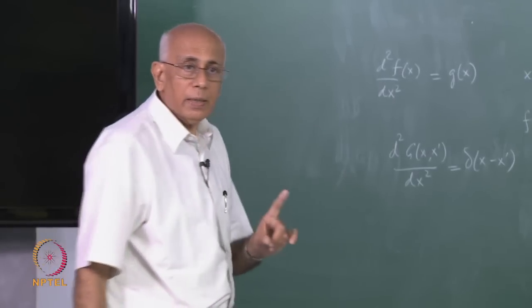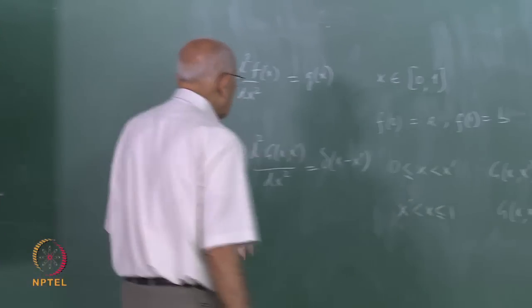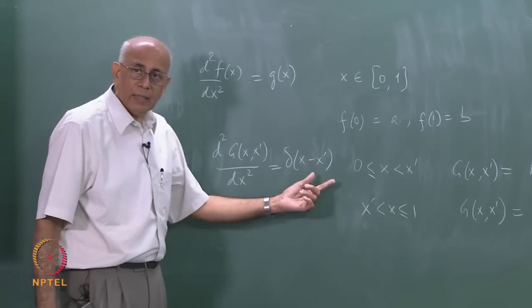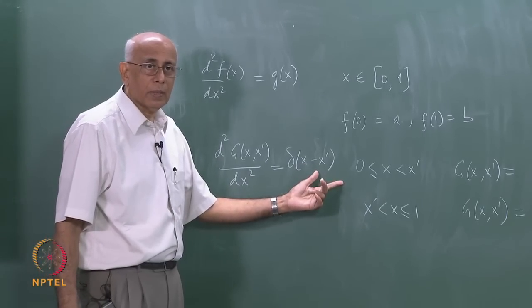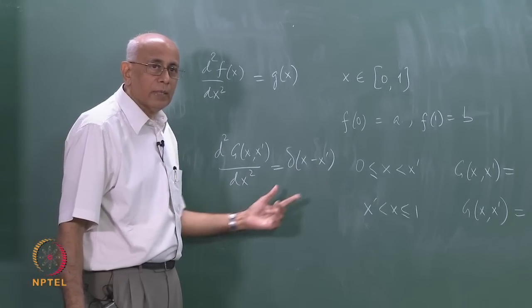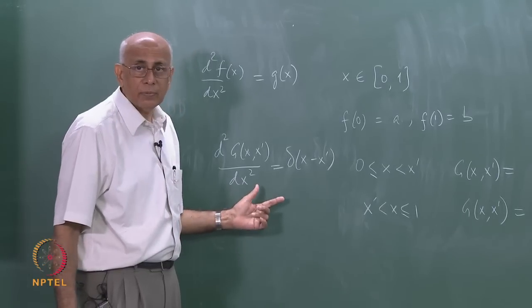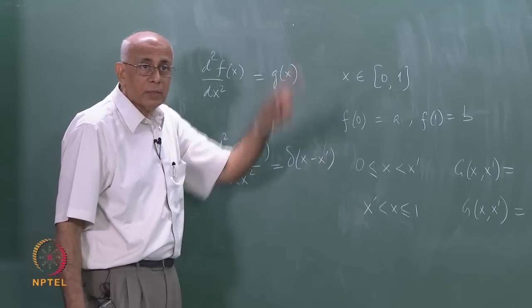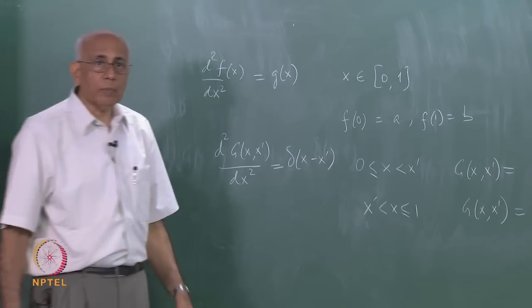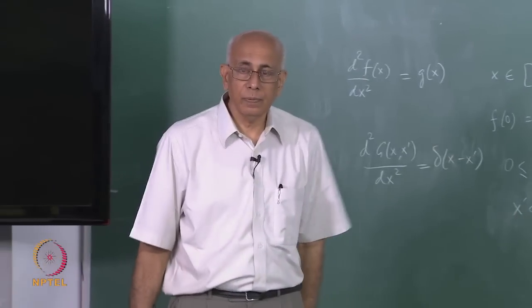Okay. The reason I assert that g is continuous is because its second derivative has a delta function jump. Okay. So what does it mean for the first derivative? This has got an infinite jump out here. So what does it mean for the first derivative?